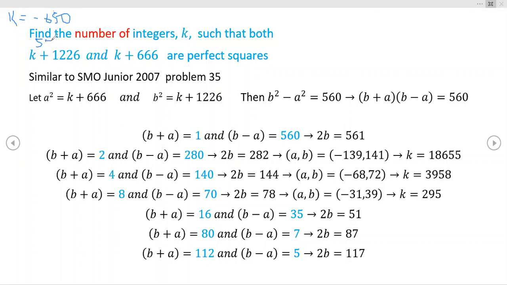So 576 is what you get right here. If you put minus 650 right there, you get 576, but that's 24 squared. So that's a perfect square.